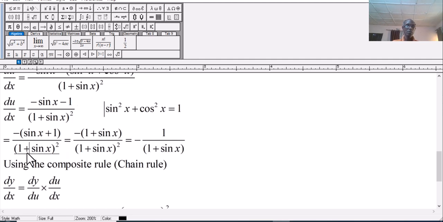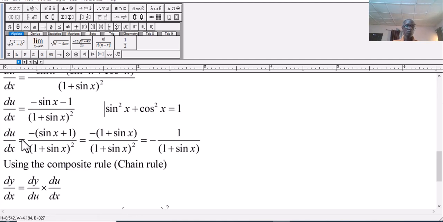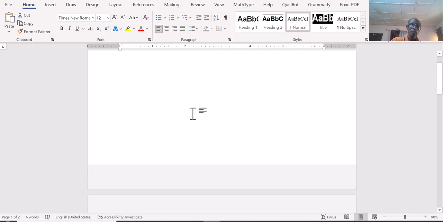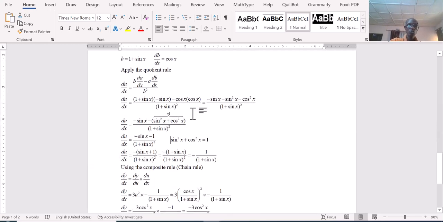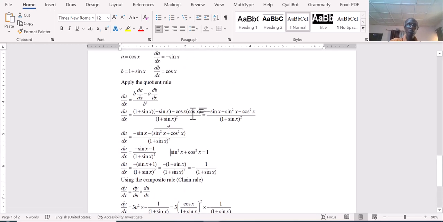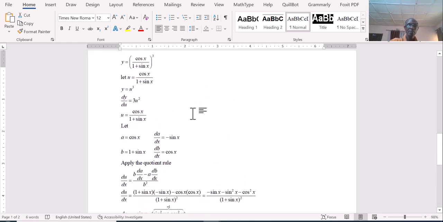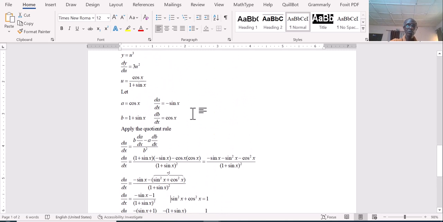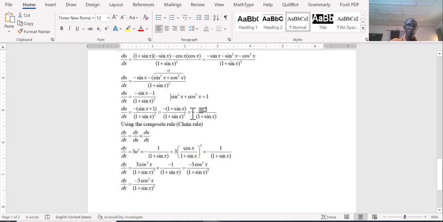That's why I'm putting that. So now we have our final solution to the question. So this is the solution to the question we are given. So this is how to go about solving this type of problem.